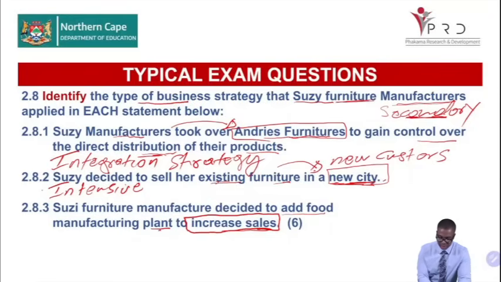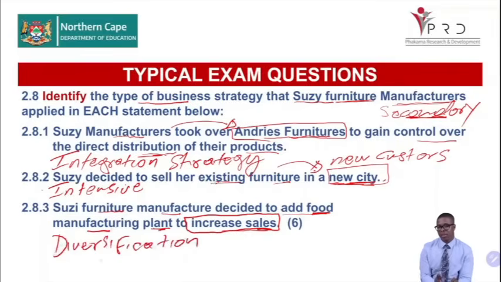But in this regard, Suzy Furniture Manufacturer decides to add a food manufacturing what? Plant. Meaning Suzy will be selling furniture and also will be adding food as part of the company. Now, therefore, this is considered to be what? Diversification.